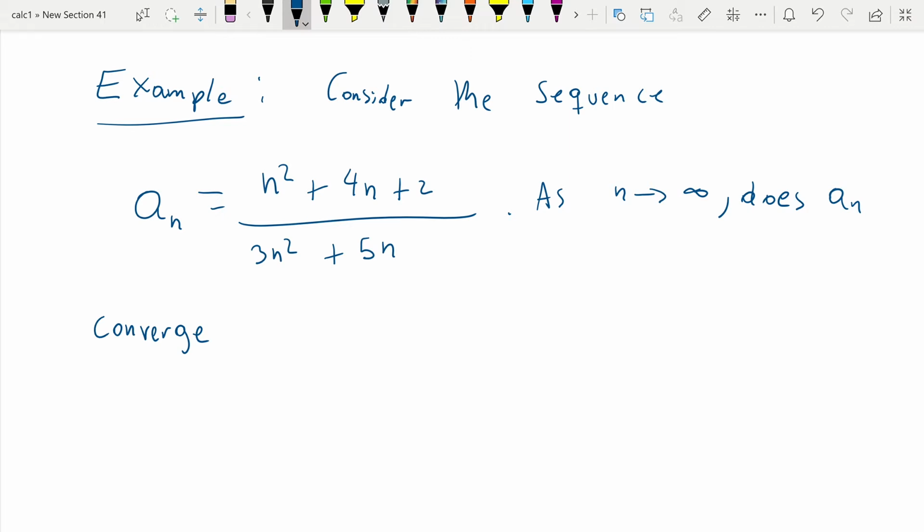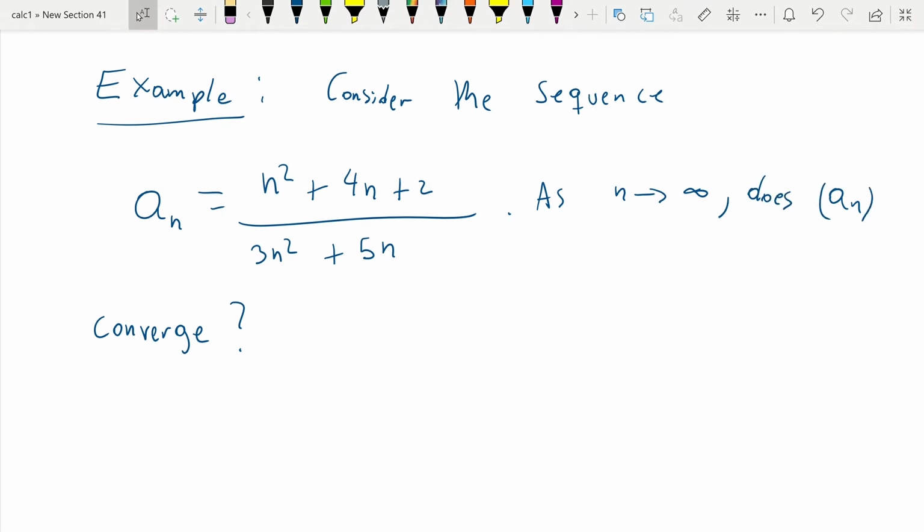So meaning that for every epsilon there is an n such that blah blah blah. And if there's no such number, then a n is said to be divergent. So does a sub n converge?